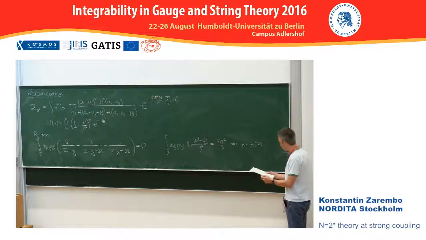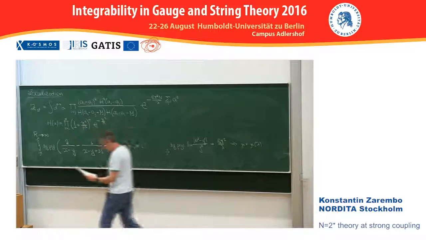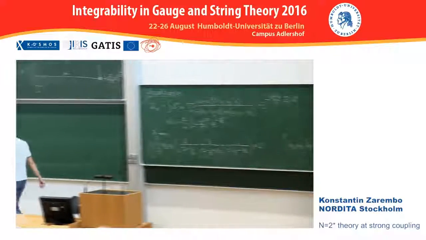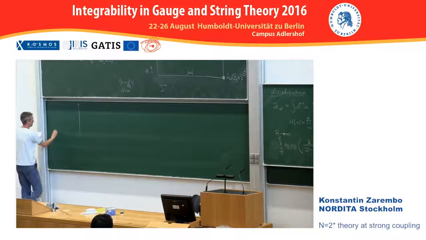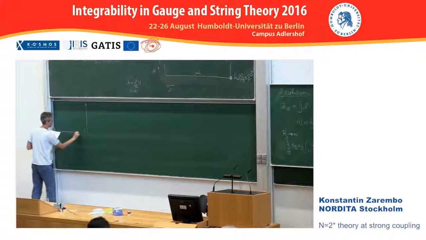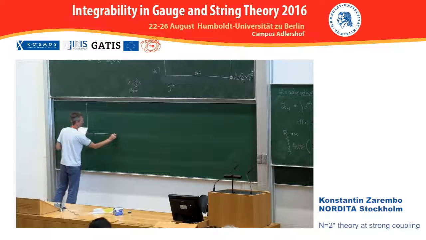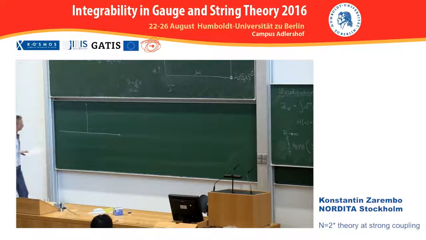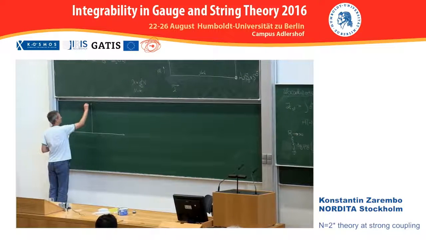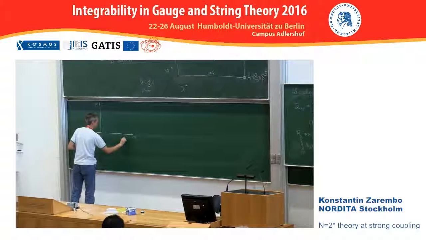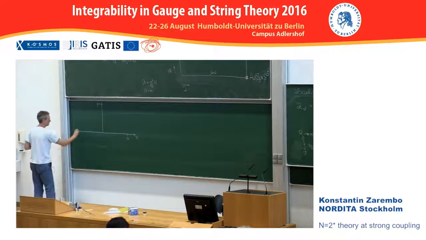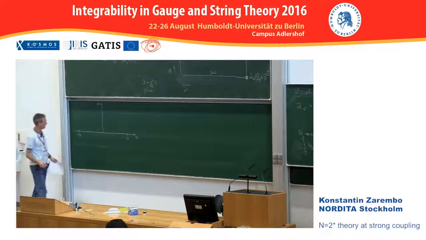So how does the solution look like? Well, one can look at the equation and see that the qualitative picture of the density will be as follows. The density is defined on some finite interval, and of course it has singularities at the boundaries of the interval.